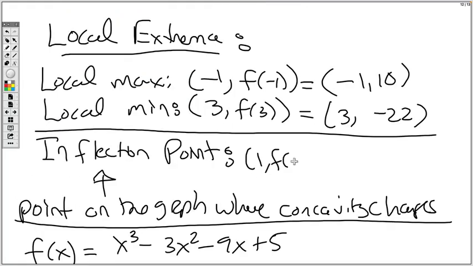So 1 comma f of 1. So you've got 1 minus 3 minus 9 plus 5. So what's that all add up to? Minus 6. Okay.